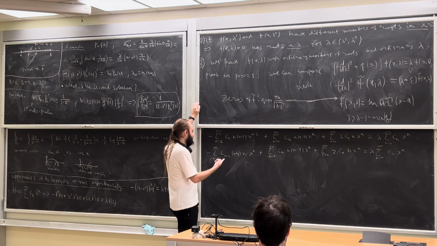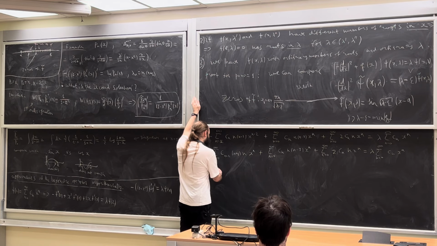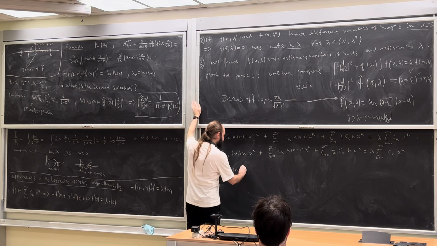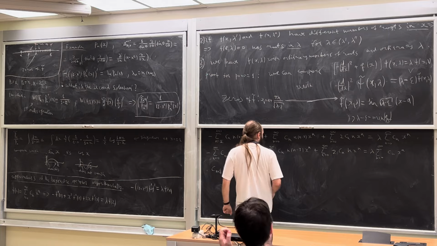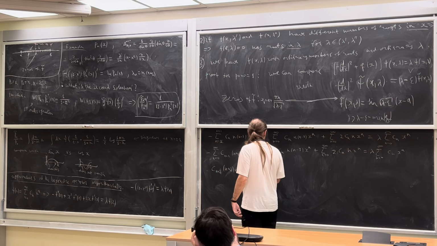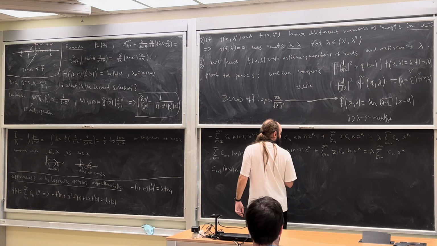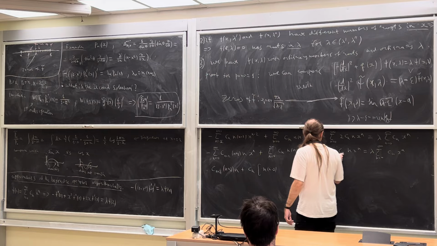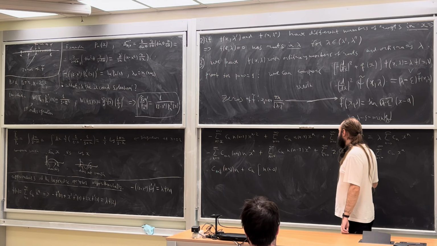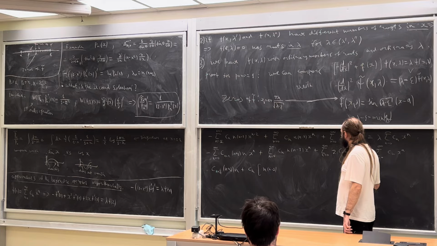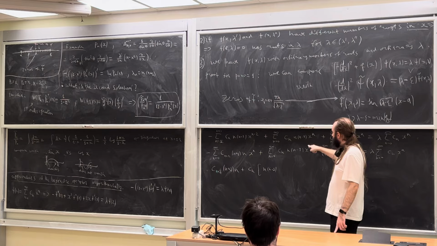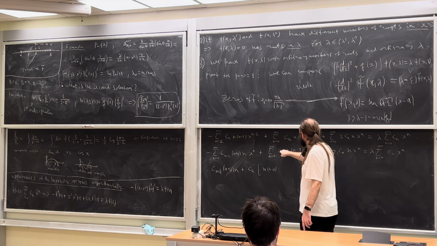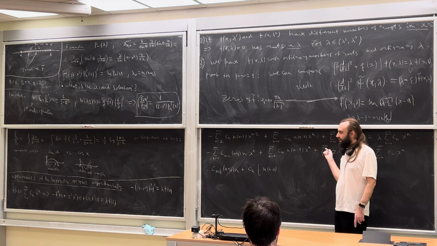So we have the following equation: C_{n+2} times (n+2)(n+1), plus ... C_n. Sorry, the second summation doesn't start from 2. But it doesn't matter, it's the first two terms anyway.